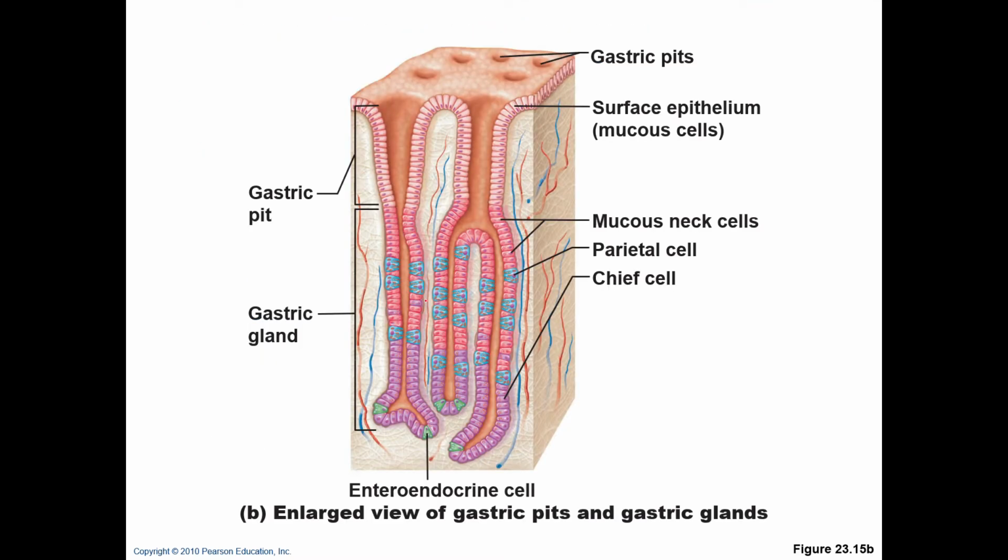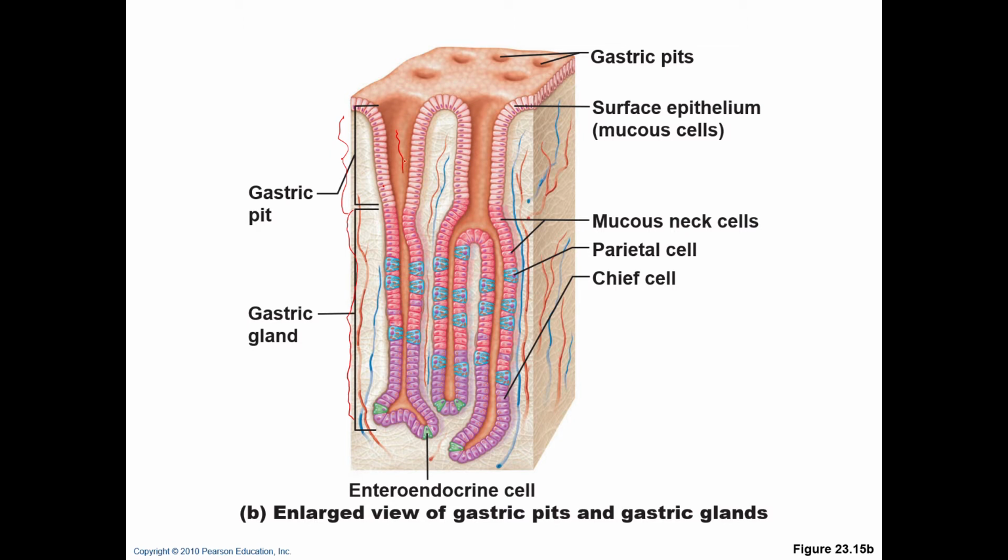So here you can see this part is the gastric gland and this part is the gastric pit that I mentioned before. So the opening here, that part is the gastric pit, and then in the wall of the gastric pit, these cells are the mucus cells.